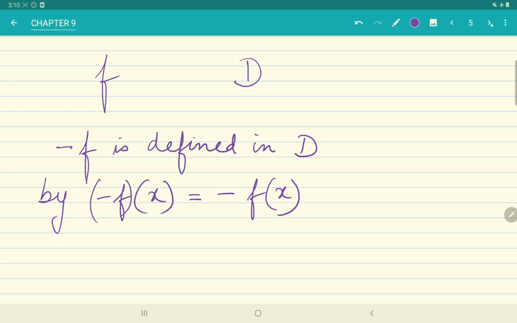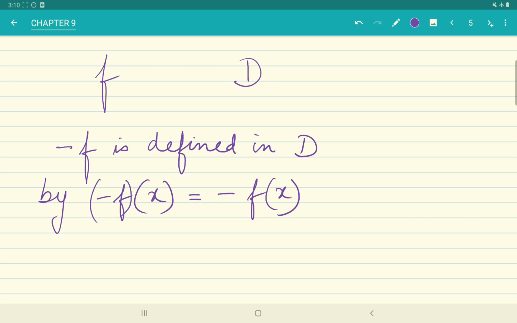So the point I'm trying to make here is, let's say f is any function with domain D. Then if I think of minus f, I'm actually concerned about minus f of x.